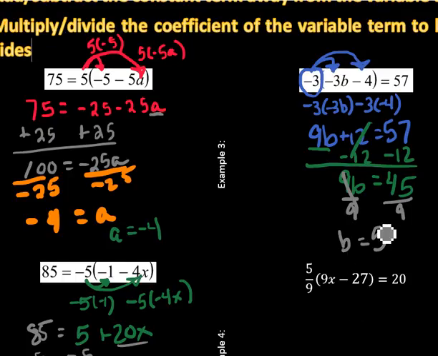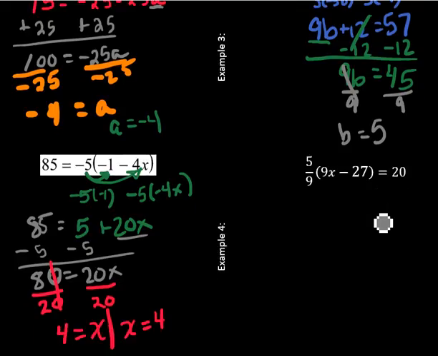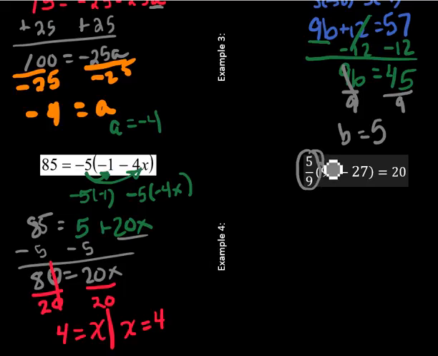All right, what happens when we have a fraction? Okay, and I'm actually going to show you two different ways. All right, the first way requires distribution. Okay, so let's try that. We're going to take the whole 5 over 9 and we're going to multiply it to each part. Okay, and we need to be careful with this, so we're going to write it out. So I'm going to have 5 over 9 times 9.